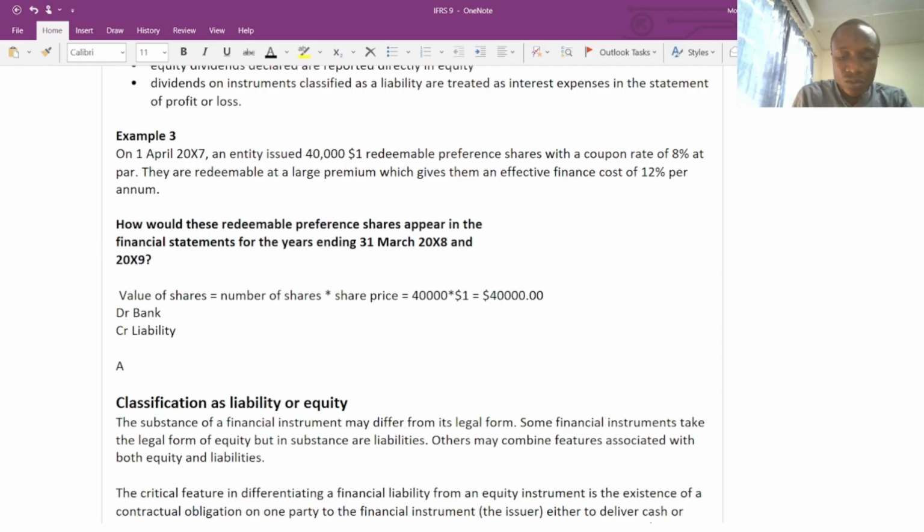So now let's use the amortized cost method.